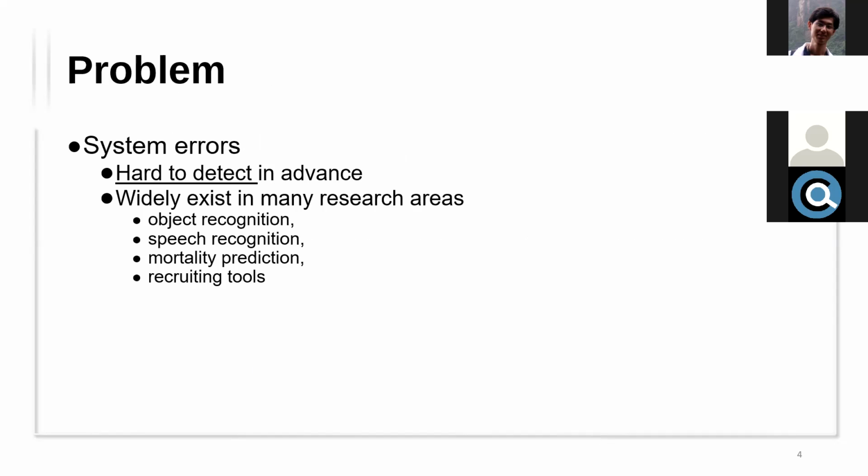Such systematic errors could be a problem because first it is hard to detect in advance. So the researchers cannot tell whether there is such systematic error ahead of time. And it reminds me of the research on fairness testing. So basically, for example, we want to use an automated system to detect who should be admitted as a PhD student in NUS, right?